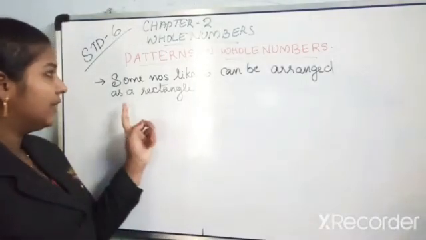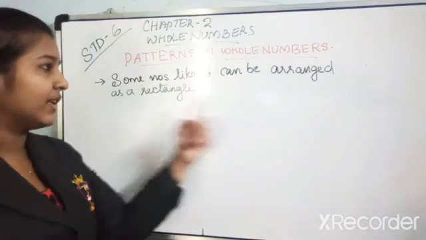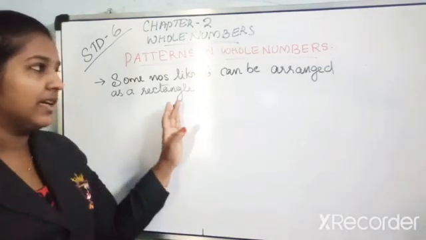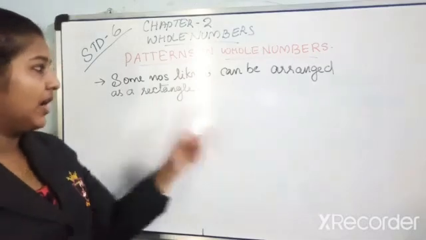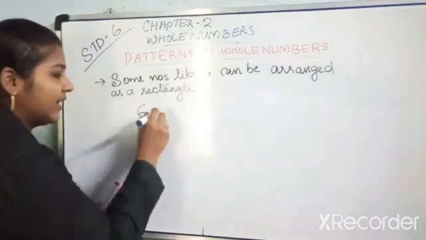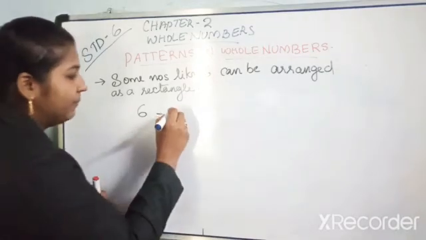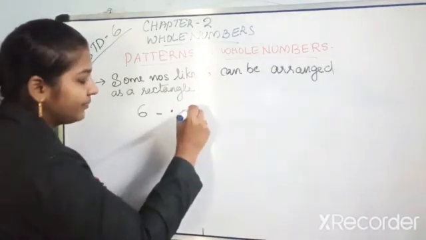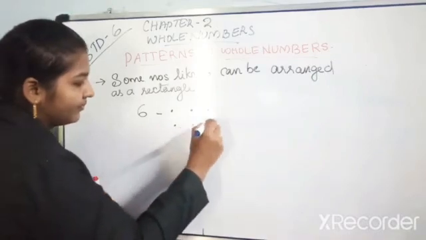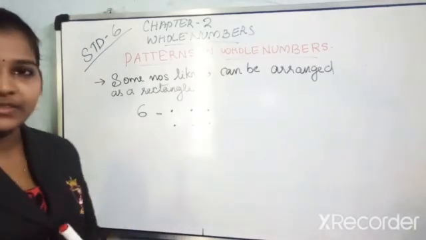Children, next is some numbers like 6 can be arranged as a rectangle. Let's check how to arrange 6 as a rectangle. So look here. Look at these children.